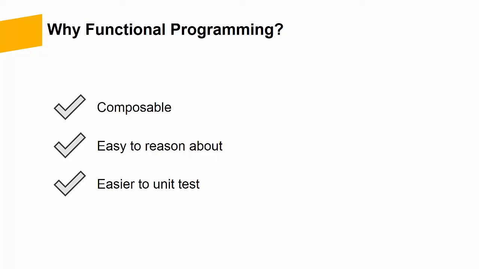And the third point is that functional code is easier to unit test. The process of unit testing basically boils down to providing an input and verifying the output of the method. You don't have to introduce complex test doubles such as mocks in order to do that, so the process of unit testing is also easier because of that.